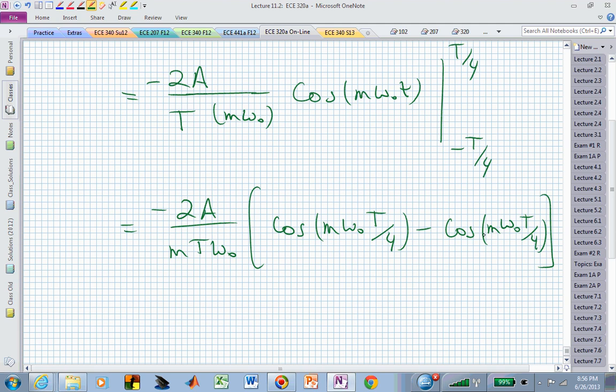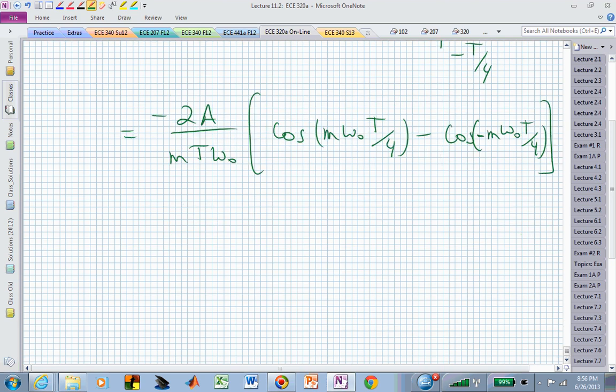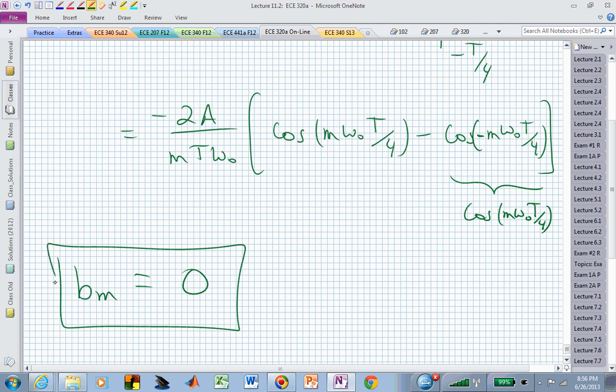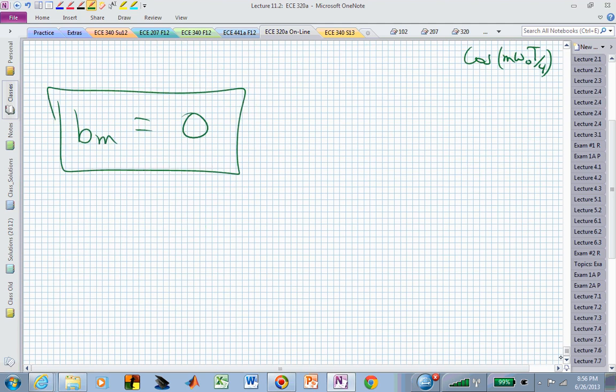I'm maybe getting ahead of myself, but cosine is an even function of time. This now becomes what I had originally written down, cosine of n omega naught t over 4. That's now subtracting the same thing, so this becomes 0, and now all of our b's are equal to 0.